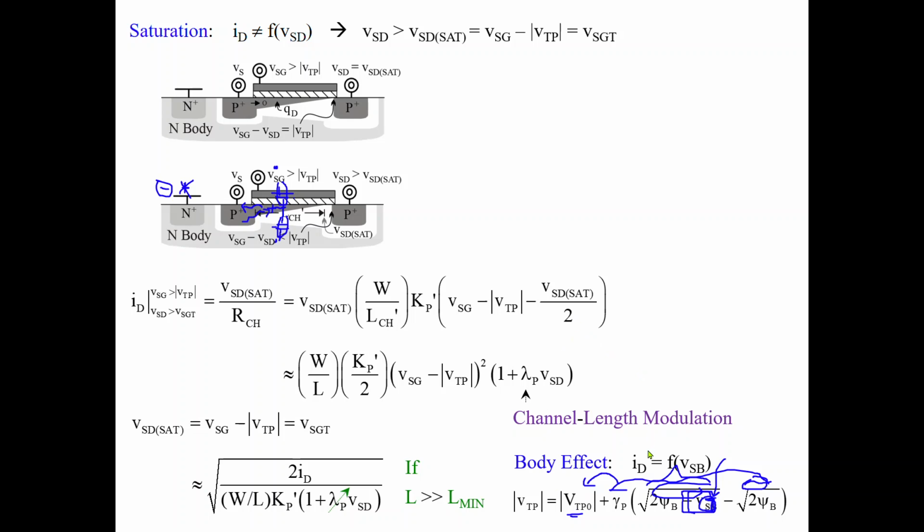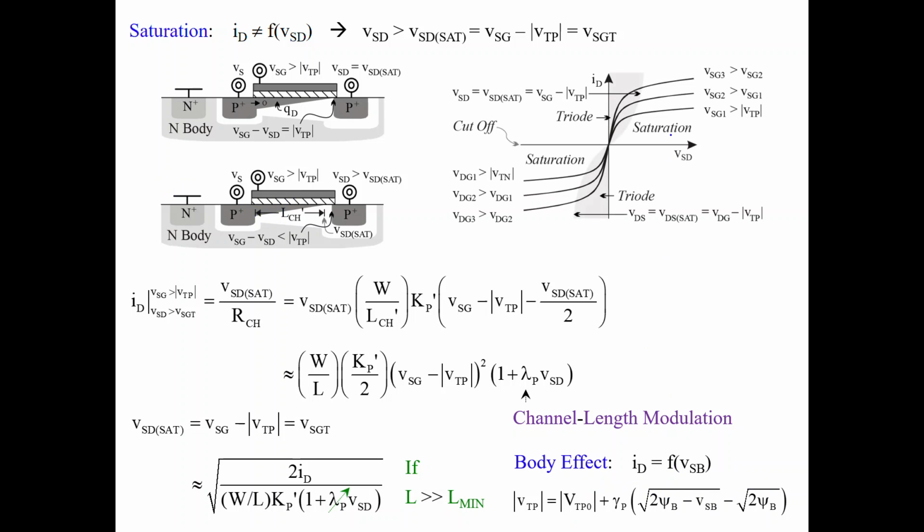So let us remove markers here, and what we have as a result here is these IV curves. So if we apply a source gate voltage that is greater than the threshold, we get a current that is largely insensitive to source drain voltage if the source drain voltage is higher than the saturation level.